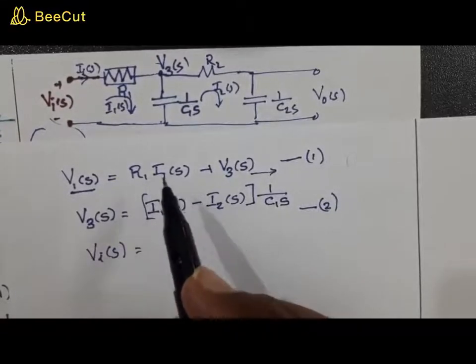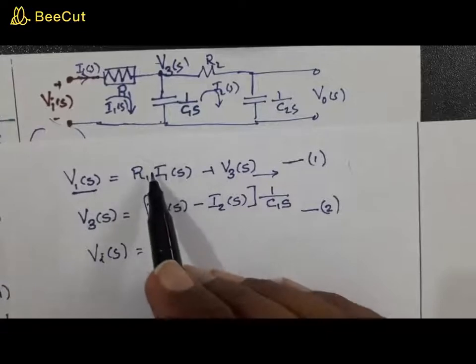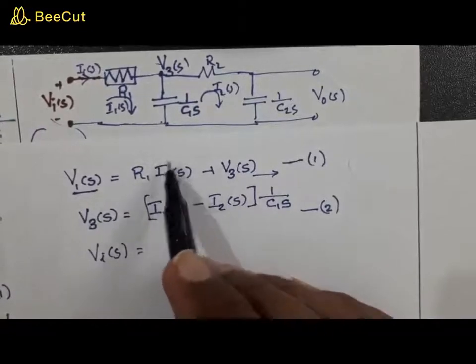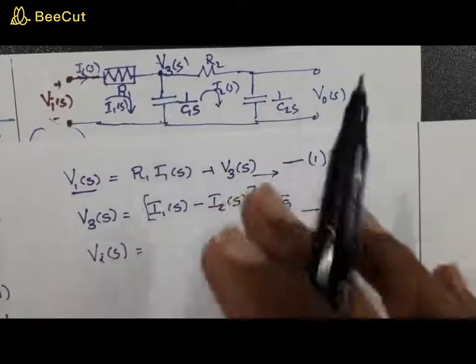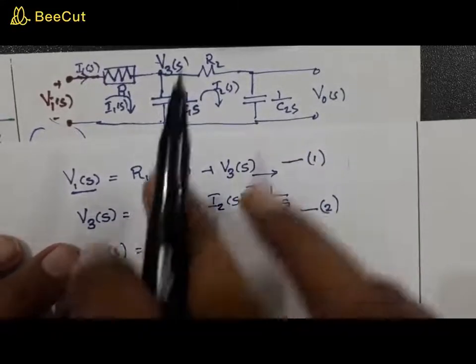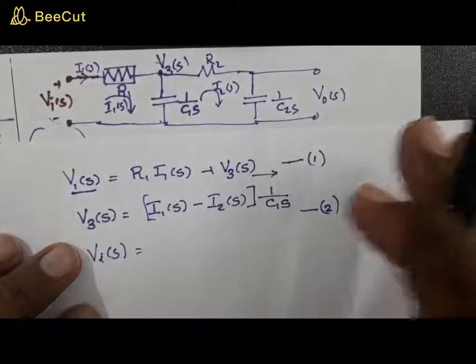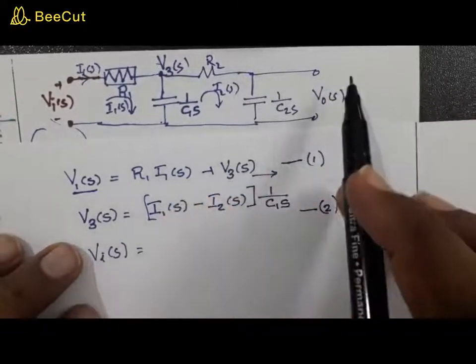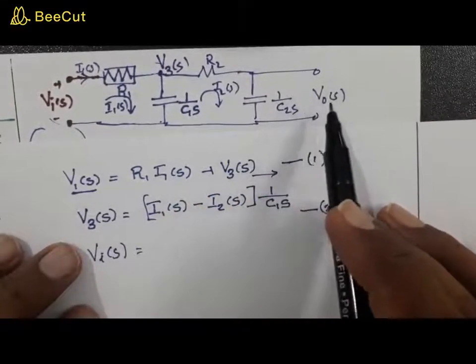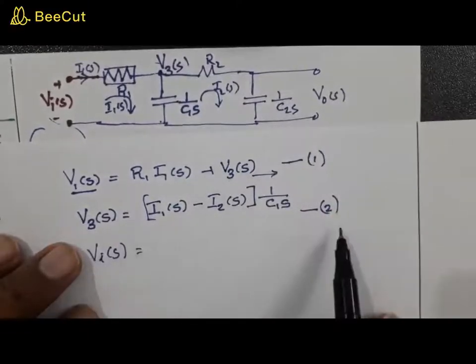If there is a chance to represent this I1 of S in terms of I2 of S, you are taking this equation to the output side, so that within a short time you will arrive at an expression relating Vi of S and V0 of S.